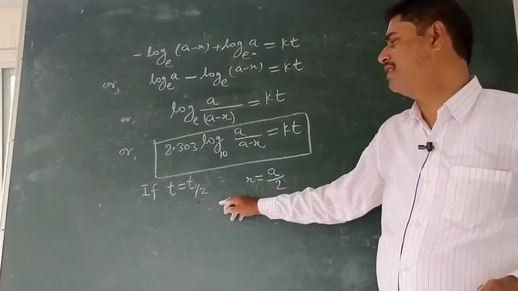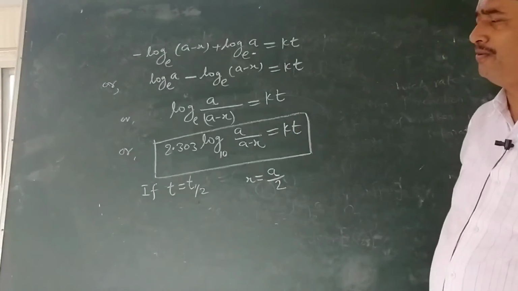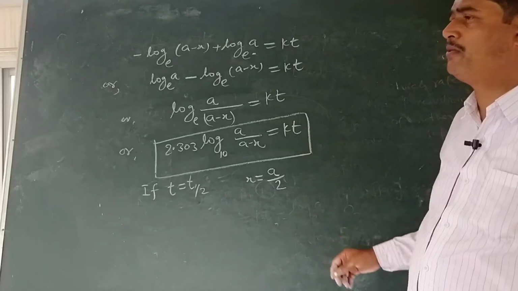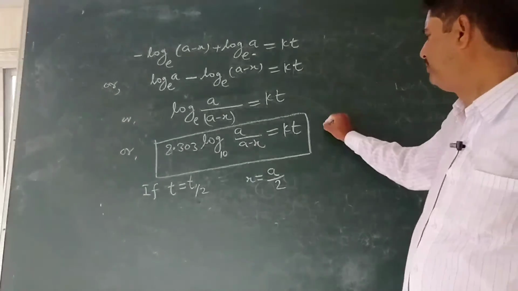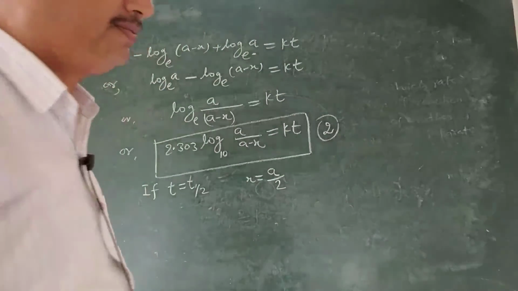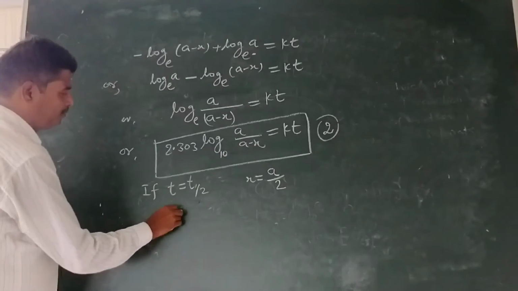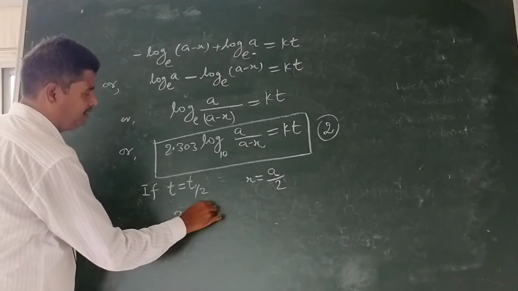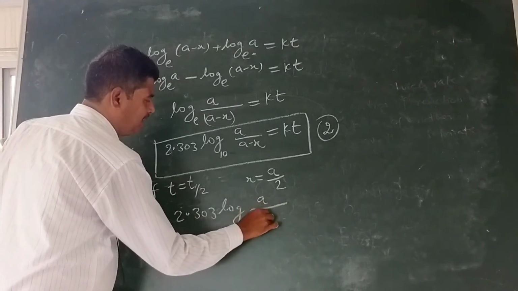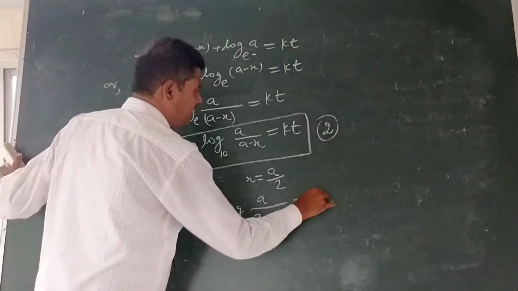So when t is equal to t half, we have x is equal to a by 2. Now substituting this in the above equation, we get 2.303 log a upon a minus a by 2 on the base 10 is equal to k t half.